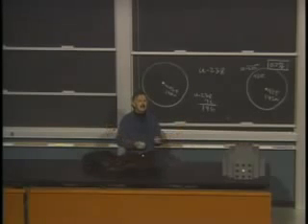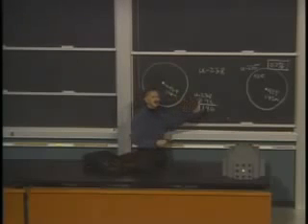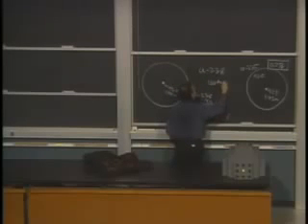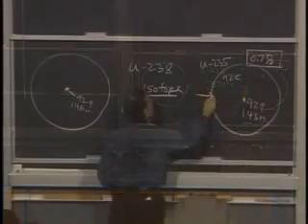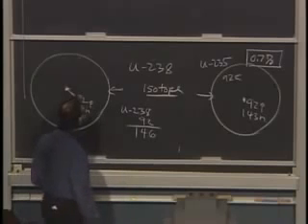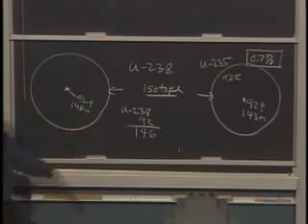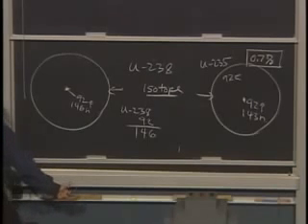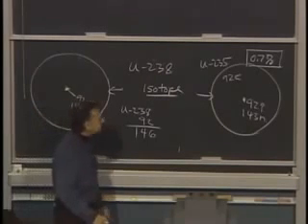In chemistry, the weight doesn't matter that much. It's mostly the electrons. So these are called different isotopes. Here's one isotope of uranium, here's another. This one is a rare isotope, not really rare, 0.7%. That's not tiny rare. It's enough there so you can do something with it.